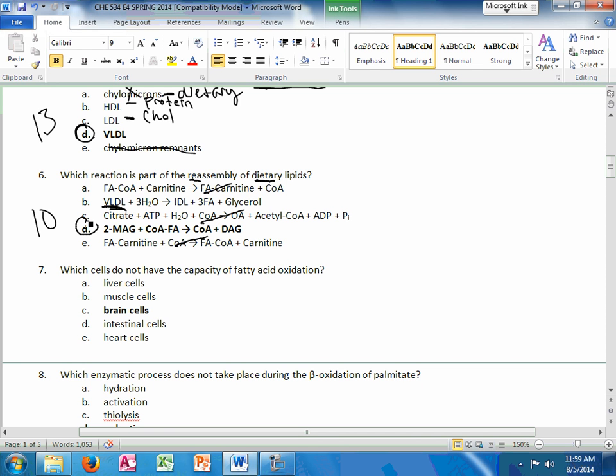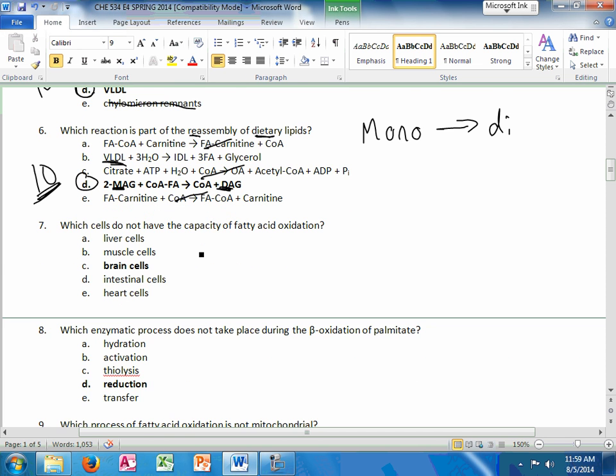You know it's D. D is also the only one going from a monoglyceride to a diglyceride. Mono to di, that's the reassembly process. Those reactions are seen on slide 10, but I wouldn't worry about memorizing them. Just know the principle. You're building single fatty acids up to triglycerides again.